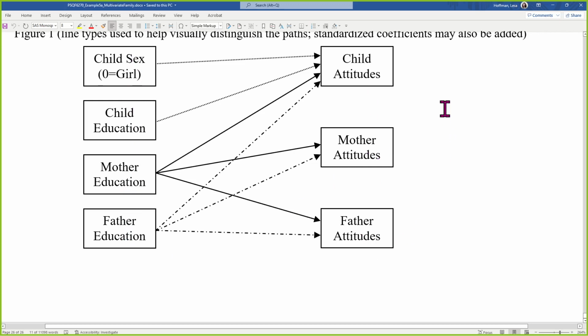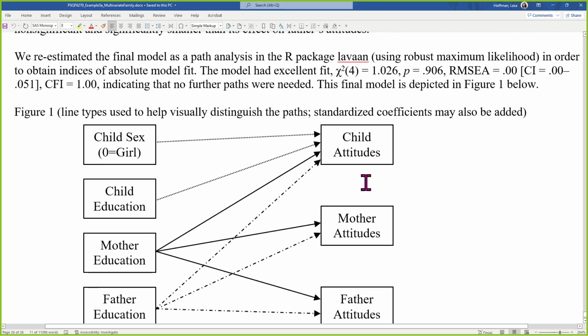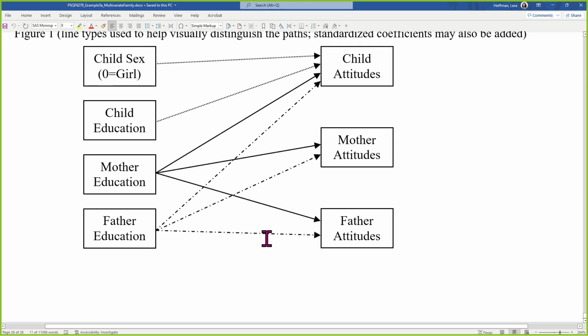So this is another way of thinking about the same types of models that we've been looking at, is that we're predicting these 3 outcomes simultaneously. What I don't have in the picture here are covariances between these boxes, so 2-headed arrows that would capture their relationships. And I don't have anything resembling residual variances either, because I was just focusing on the fixed effects. So I have father education has been allowed to predict all 3 of these. Child's education and child's gender is only predicting their attitudes.